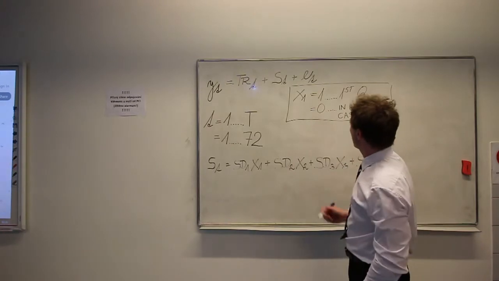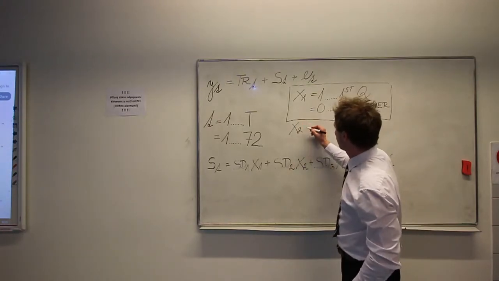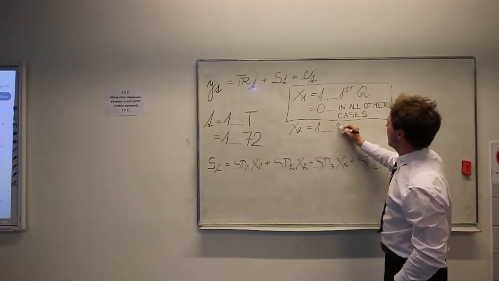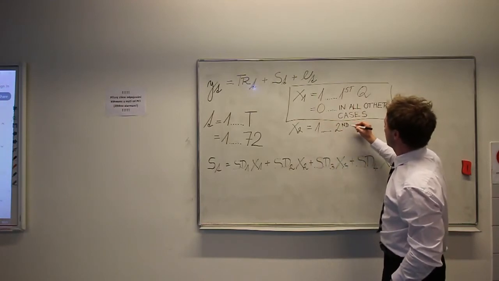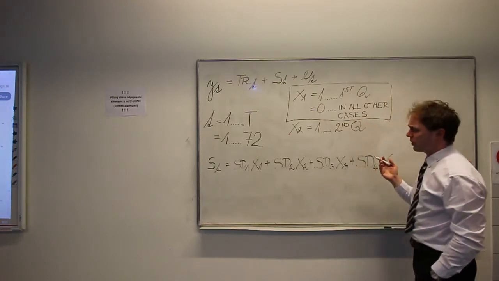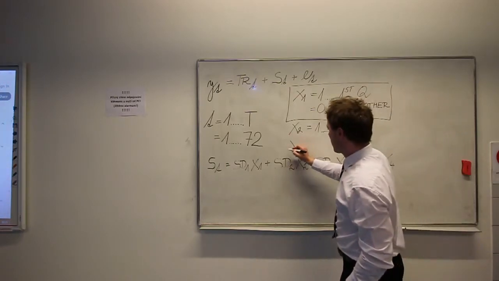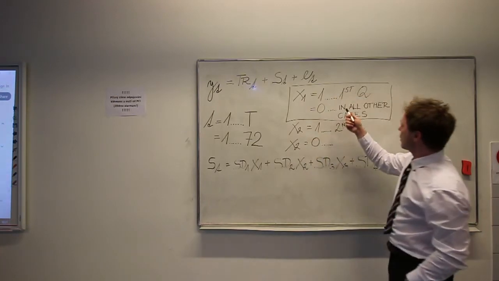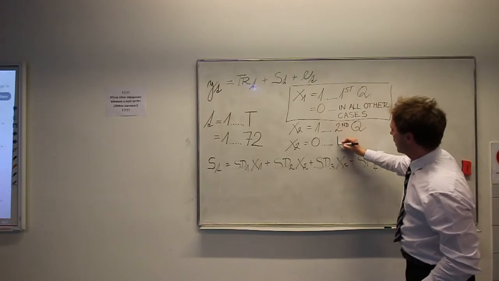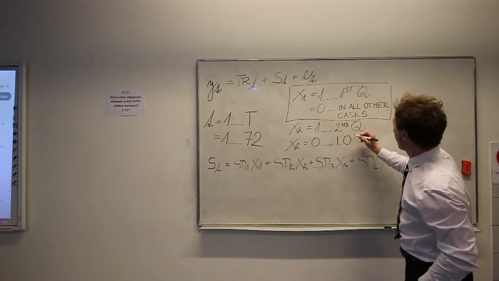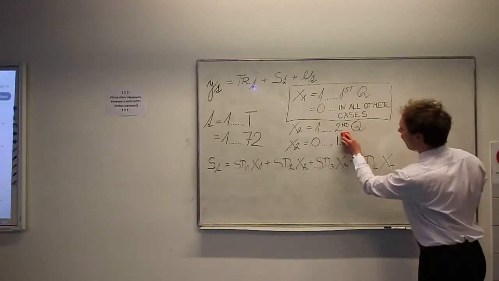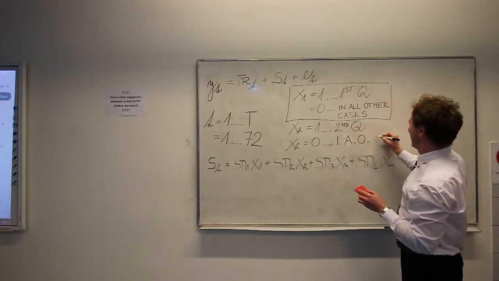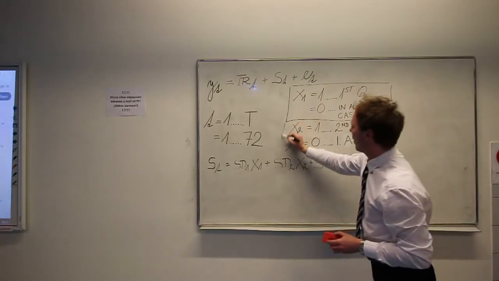And we can continue with variable x2. x2 is equal to 1 in the case that we have a second quarter of the particular year, and variable x2 is equal to 0 in all other cases.